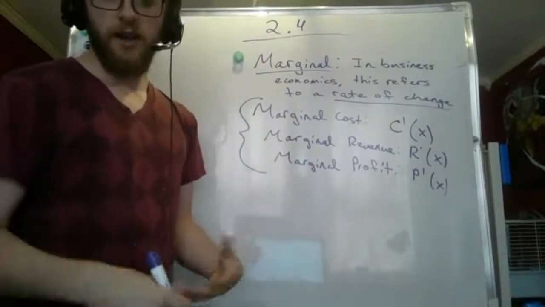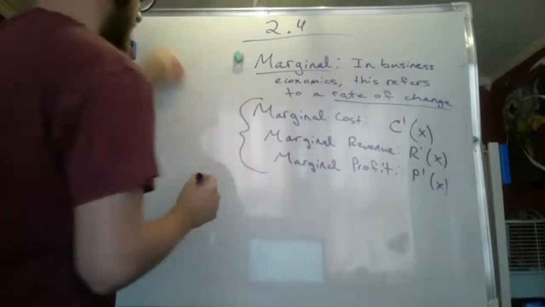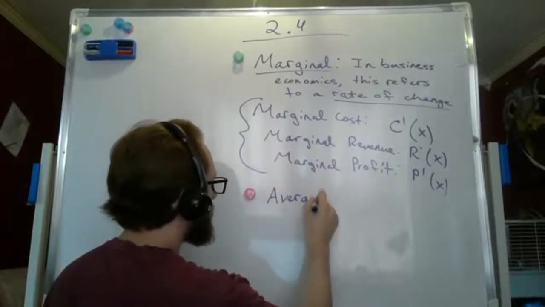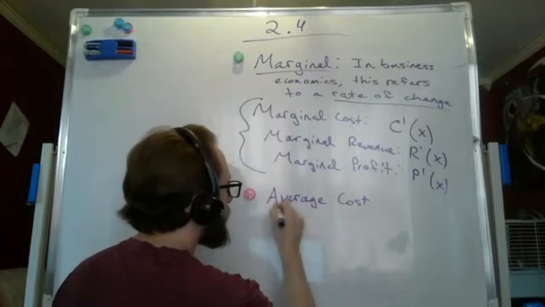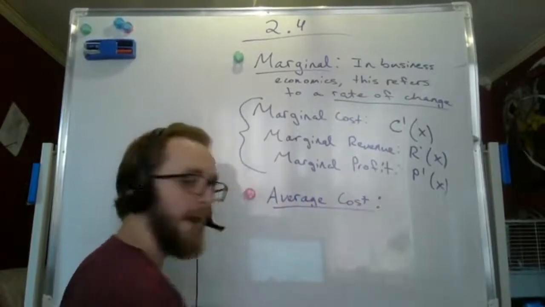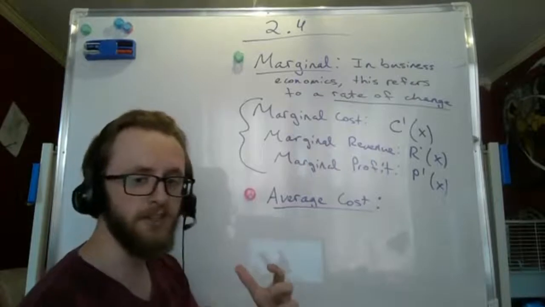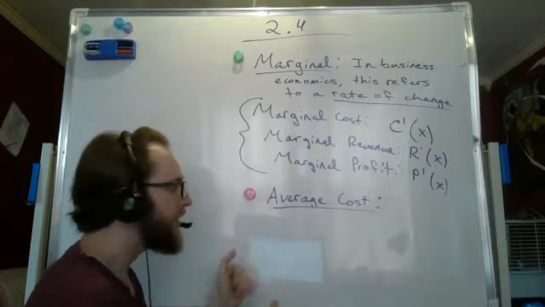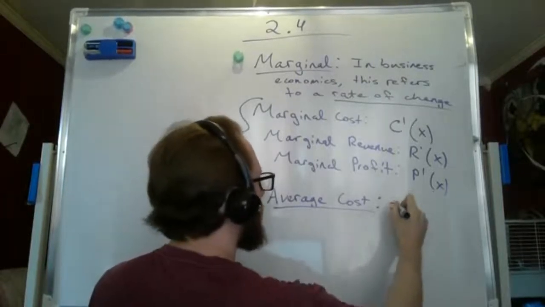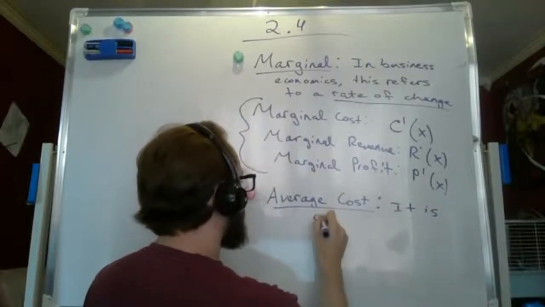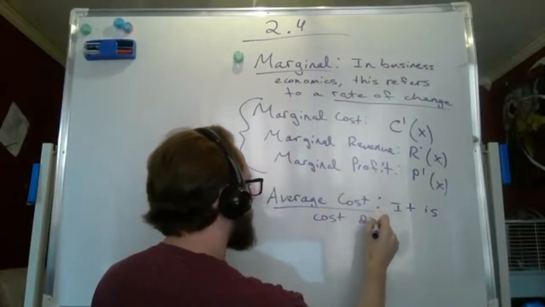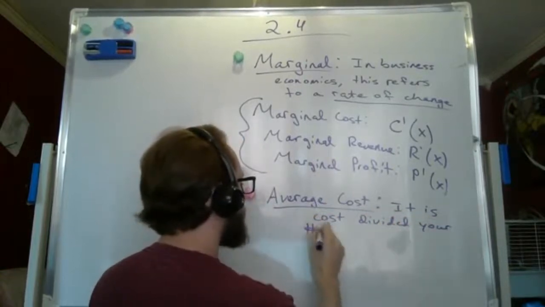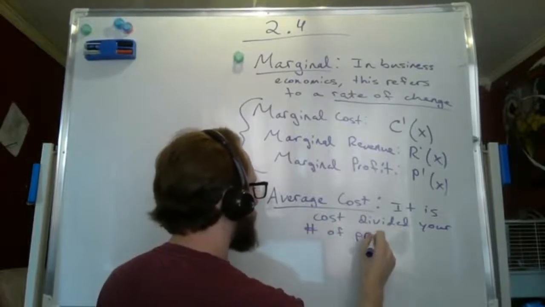Then I'd like to look at something called the average cost. Now, recall how in statistics, in order to take an average, we add up all our numbers together and then divide by the number of numbers we added together. Well, the same thing here. What is average cost? It is cost divided by your number of product.